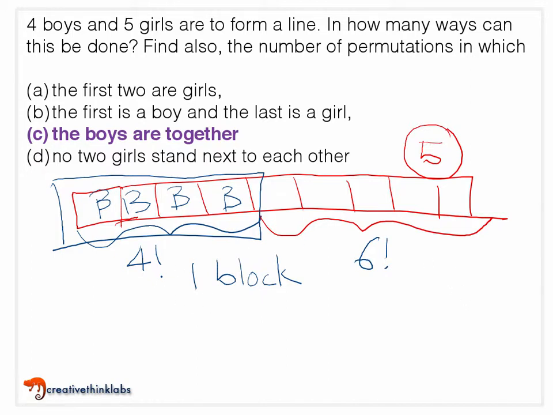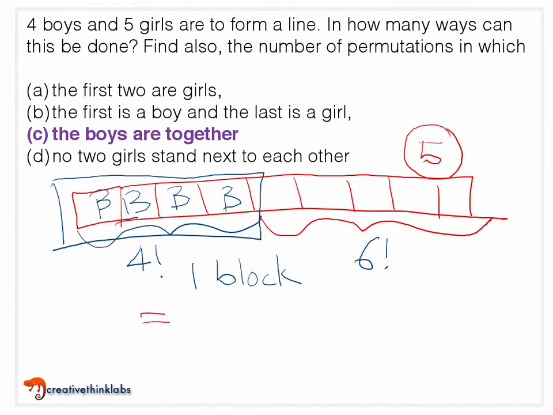Okay, let me repeat again. The key idea here is the boys themselves can be rearranged in 4 factorial ways, and then consider them as one block. And then you have 5 remaining blocks. So 5 plus 1 is 6 blocks, and these 6 blocks can be rearranged in 6 factorial ways.